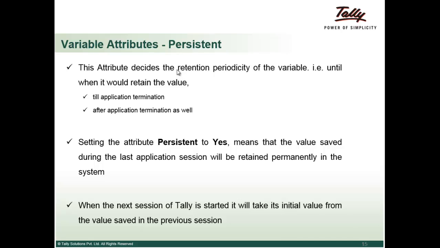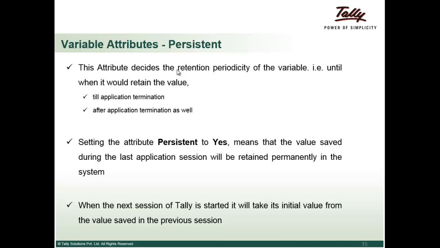Also your select company path, all these are stored in variables which are persistent in nature. So when you say persistent yes, the last value of the variable before terminating the application will be retained, and that will be available when you open the Tally application again.